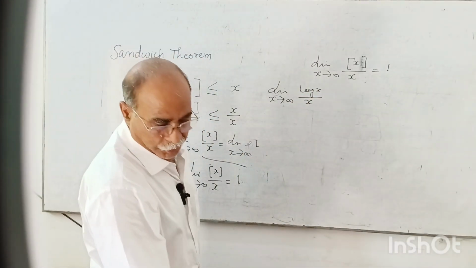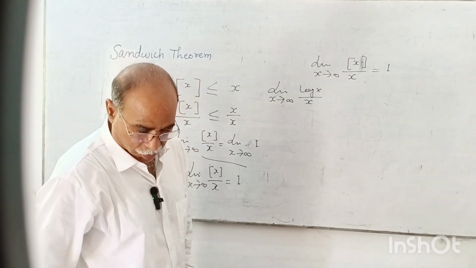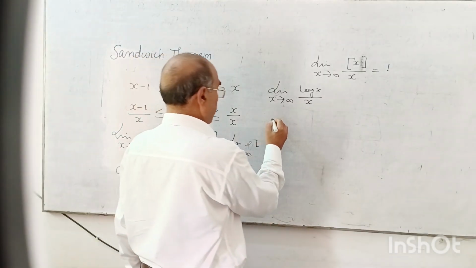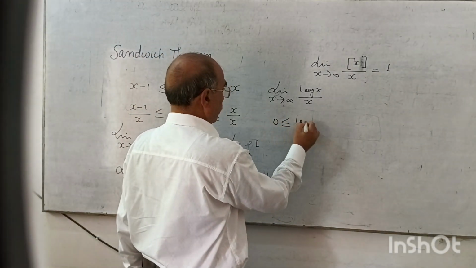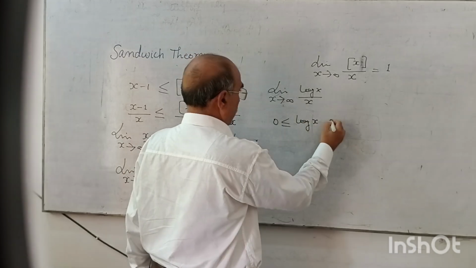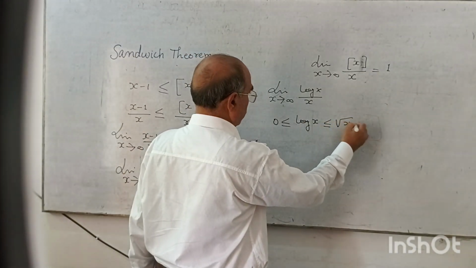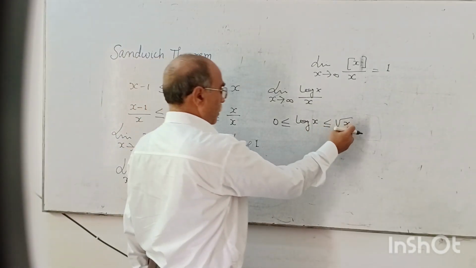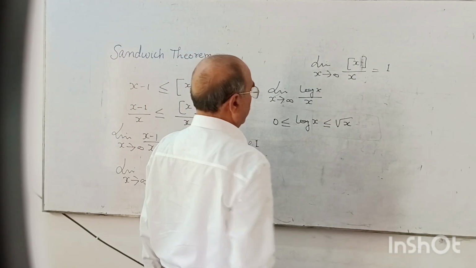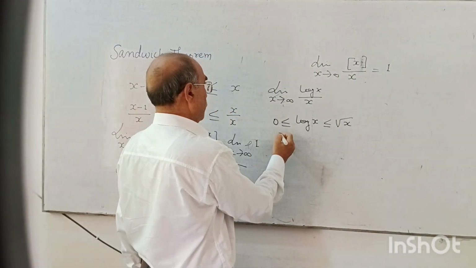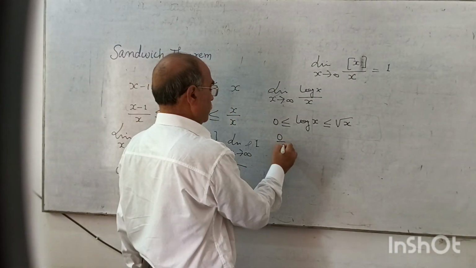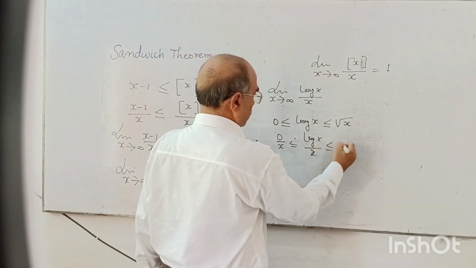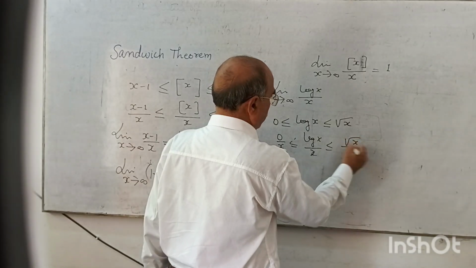As you know students, the value of log x is here 0 less than or equal to log x, and less than or equal to under root x, because that is always a positive value, the square root of x. The square root of a negative number cannot be calculated. So whenever you divide each term by x, you will get 0 by x, then log x upon x, and this gives us under root x divided by x.